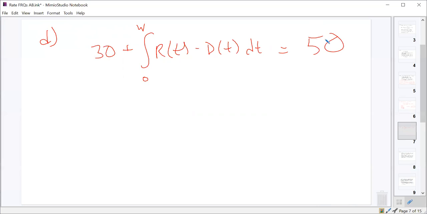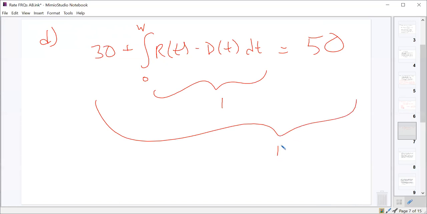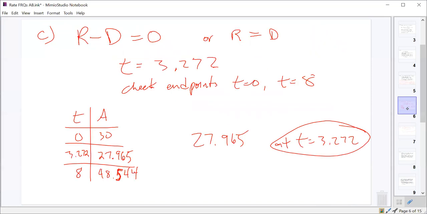Yeah, there were 2 points. One for having the integral itself and one for the whole expression. It depends.